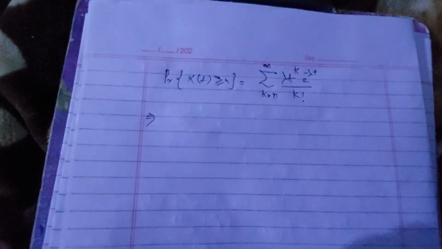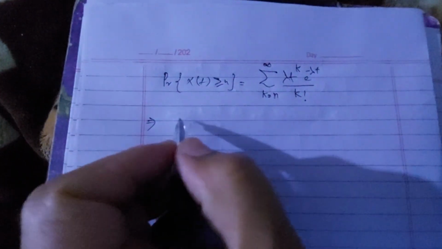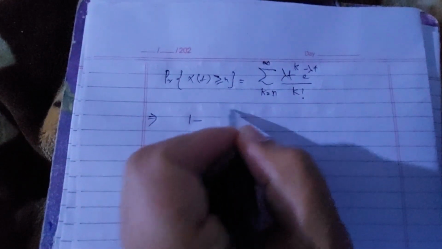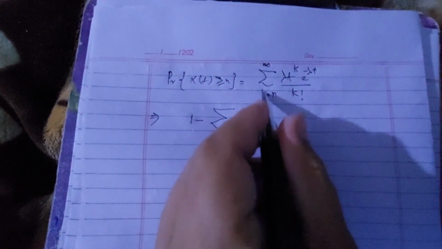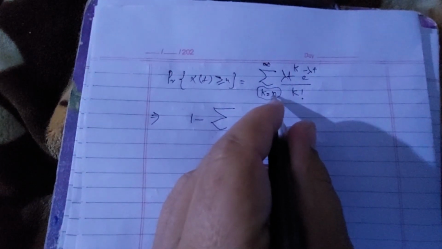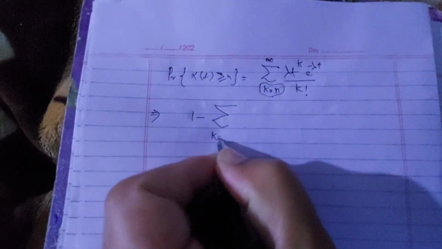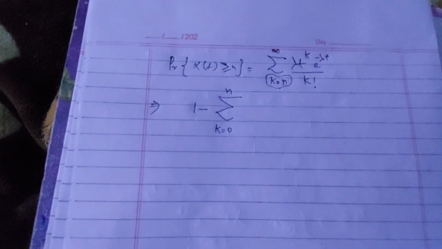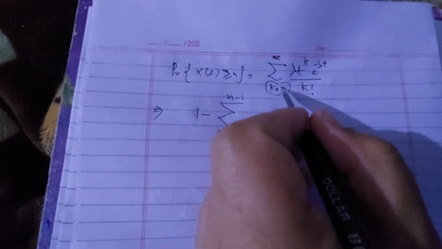Now, just like I explained before, it can be written as 1 minus the summation, and here we used k equal to n, so it will be from k equal to 0 up to n minus 1, because it is starting from n.